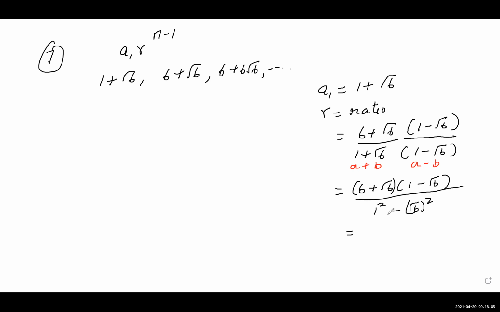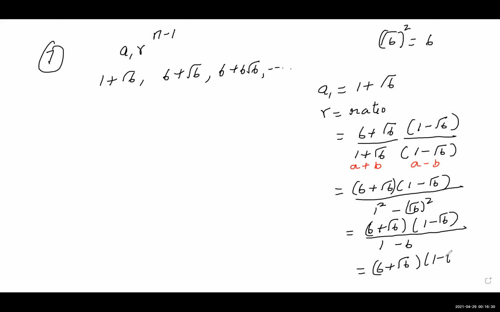I'm going to the bottom first, but I'm not going to have space, so that's my biggest worry. On the top, I'm not doing anything. I'm just copying it down. So this becomes 1. If you take square root of 6 the whole squared, that'll just become 6. So this becomes negative 5. So we have 6 plus square root of 6 times 1 minus square root of 6 over negative 5. Okay, so the bottom part we did.